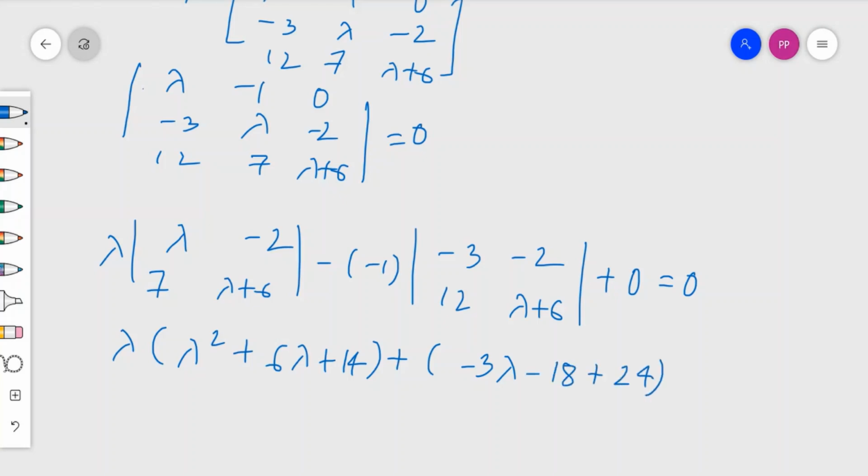So I'm breaking the determinants and making it simple. So eventually you get lambda cube plus 6 lambda square plus 11 lambda plus 6.